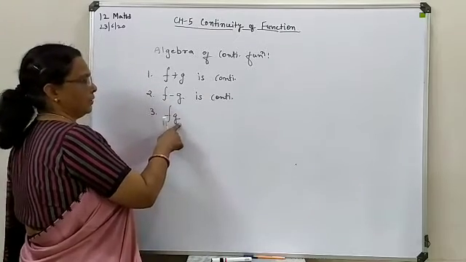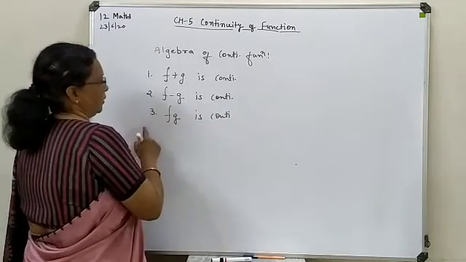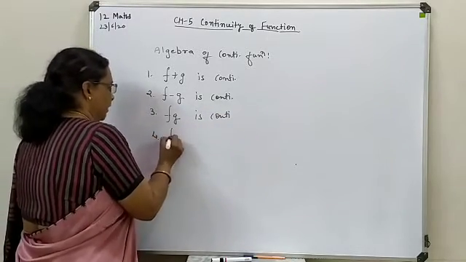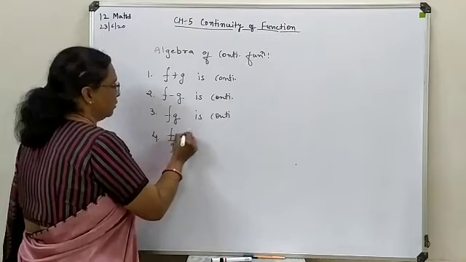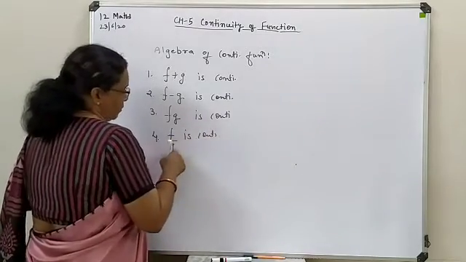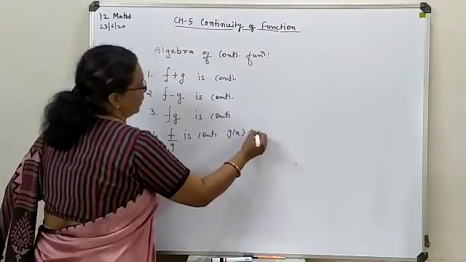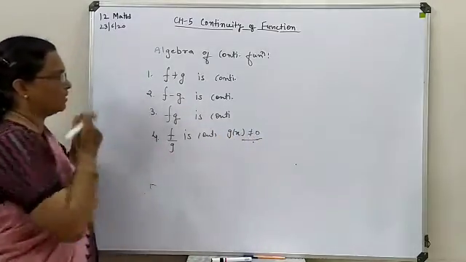If two functions are written in product form, that combination will also be considered continuous. And the last one, f by g form, is also continuous, only excepting the case of g(x) for which the g(x) value is 0.